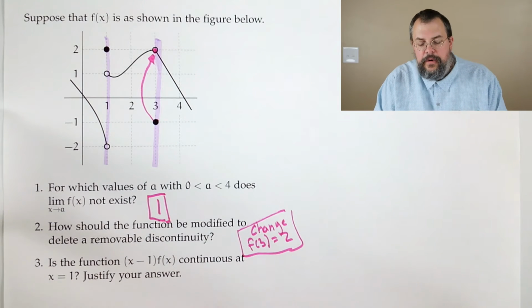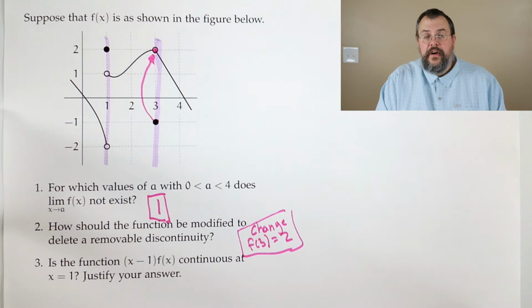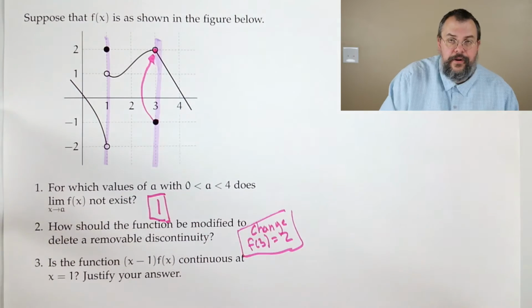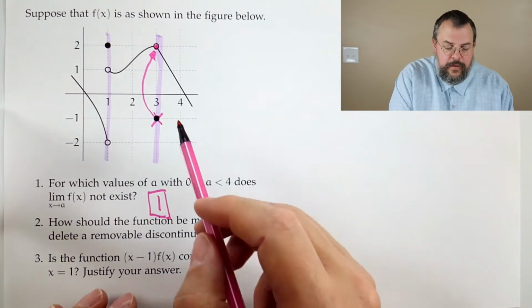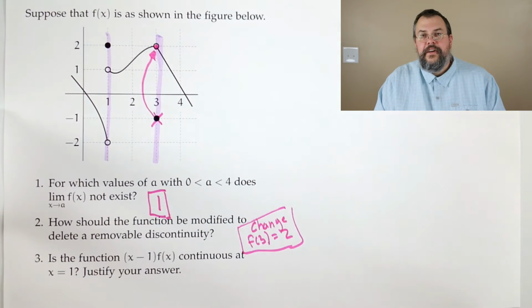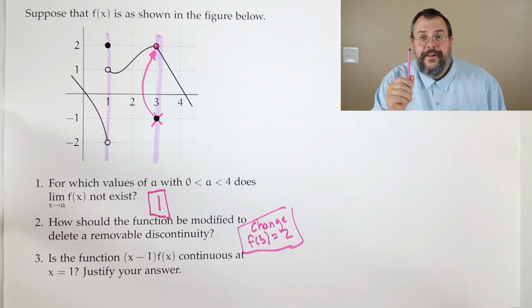And that's how we can modify it to delete the removable discontinuity, because that would fill the hole in. So we're moving that point from there to there. Good, good.